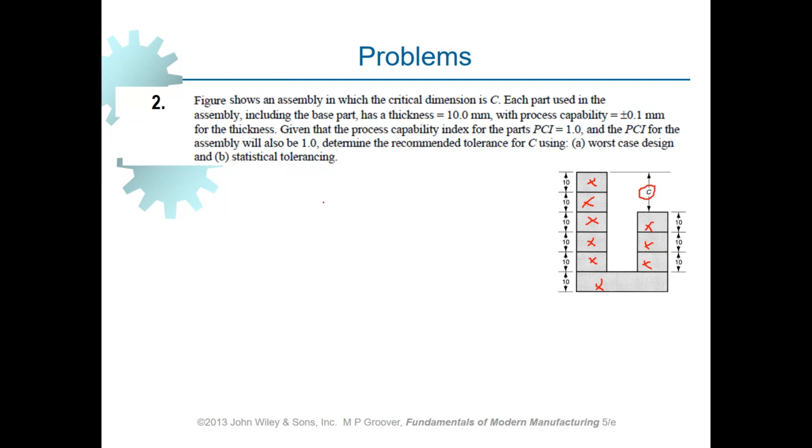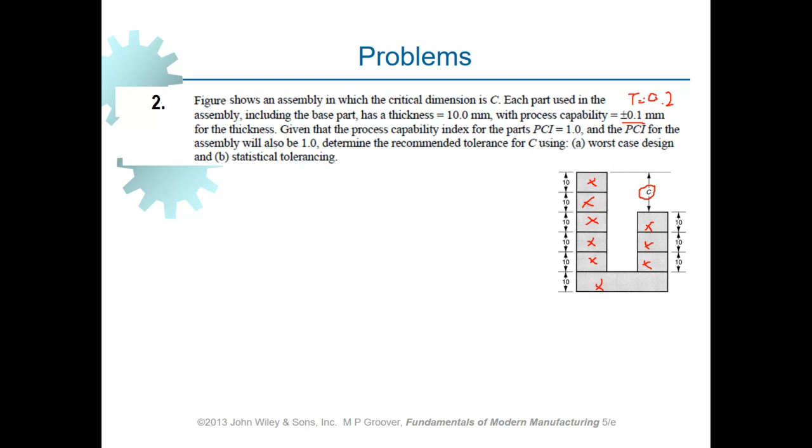Okay, and then the value of tolerance for this, for T plus or minus 0.1, comes to a total value of 0.2. Writing with mouse is not easy. Okay, 0.2.